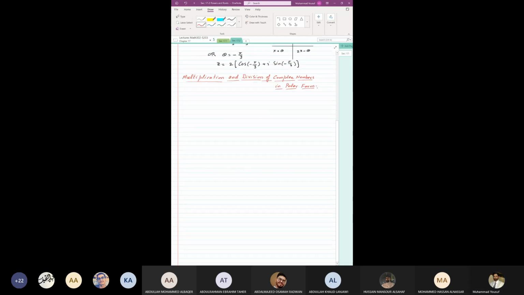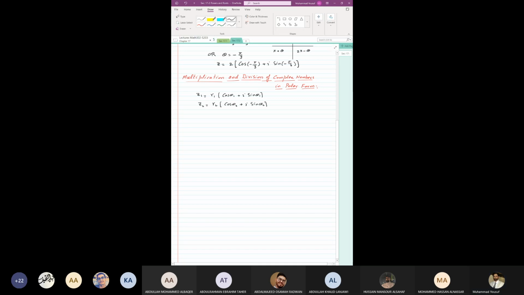So let us assume that we have one complex number z1 equal to r1 times cosine of theta 1 plus i sine of theta 1, and z2, another complex number, r2 times cosine of theta 2 plus i sine of theta 2.